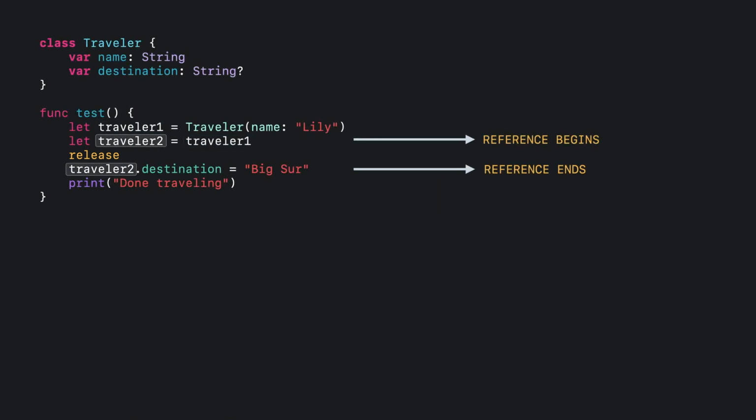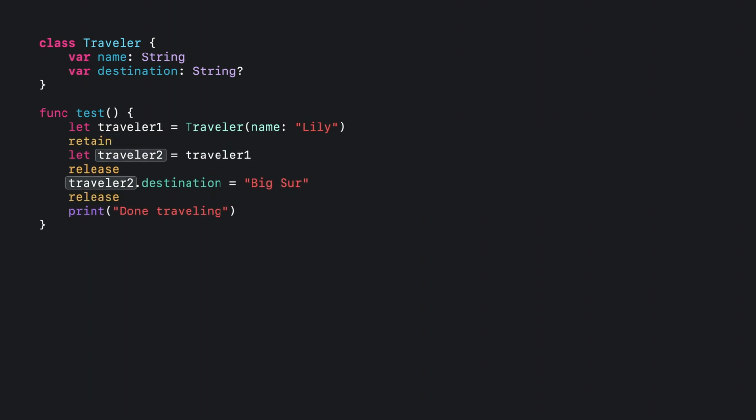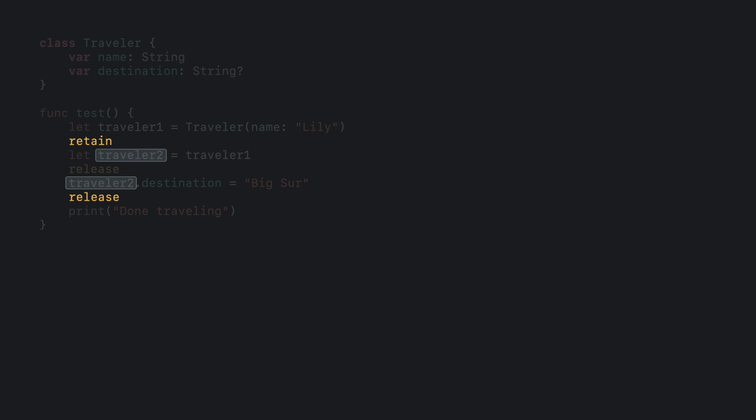Traveler2 is another reference to the traveler object, and its last use is the destination update. Here, the Swift compiler inserts a retain operation when the reference begins and a release operation immediately after the last use of the reference. Let's step through the code and see what happens at runtime.